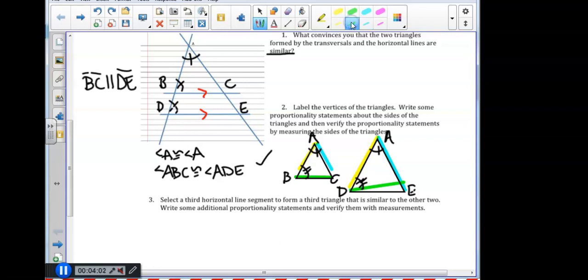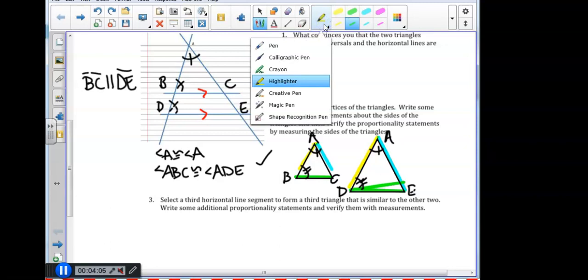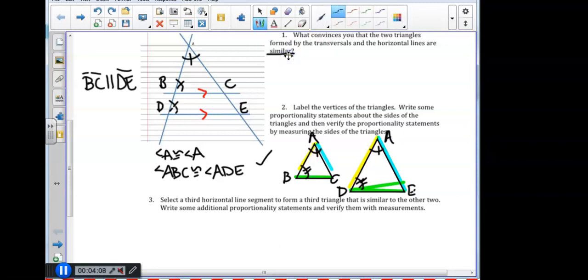And I apologize about that. Looks like it moved my green one. Okay. So let's write some proportionality statements using light colors. So AB should correspond to AD, and we could say that that should be equal to AC divided by AE.